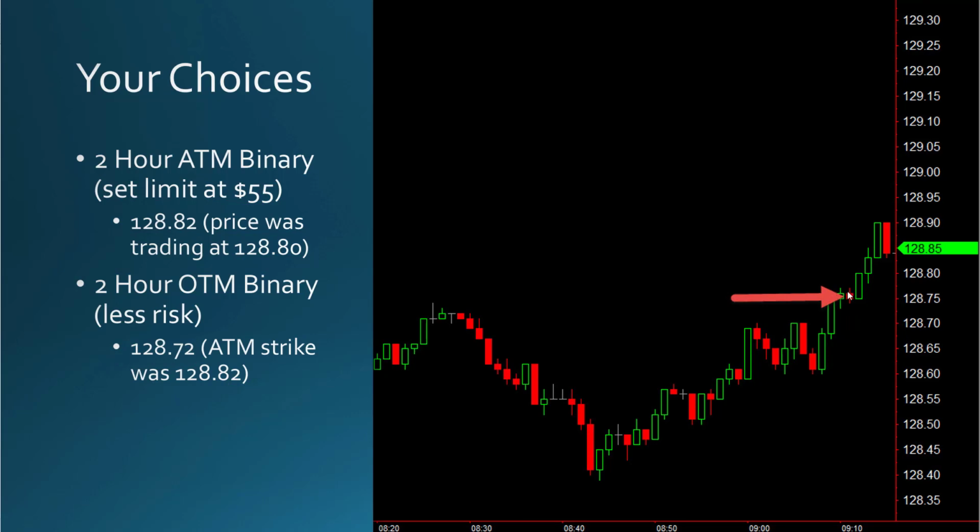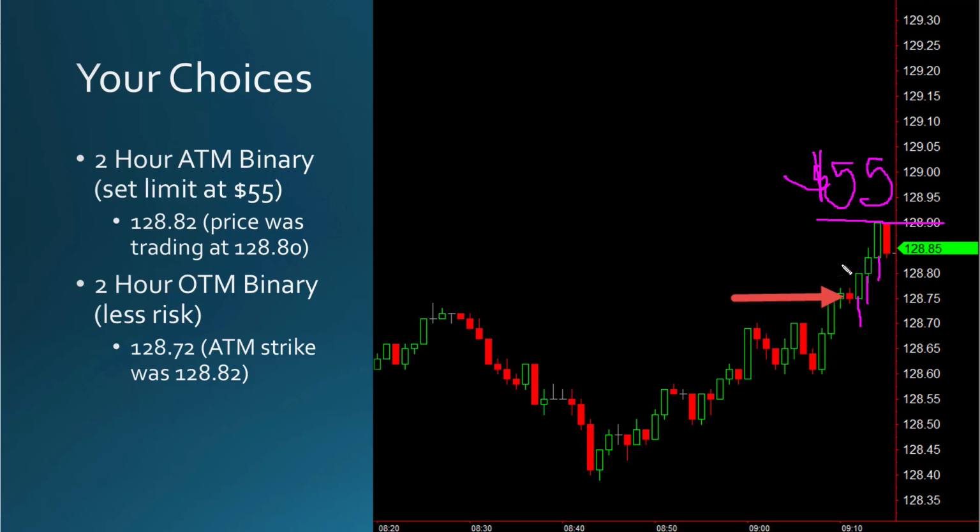Well, if you notice on this chart, this is a 1-minute chart, and I wanted to show a 1 minute so you can see what happens within a price bar. This price bar went up, this price bar went up, this price bar went up. So this went up to about 90. That would have filled, more than likely, your order for $55.